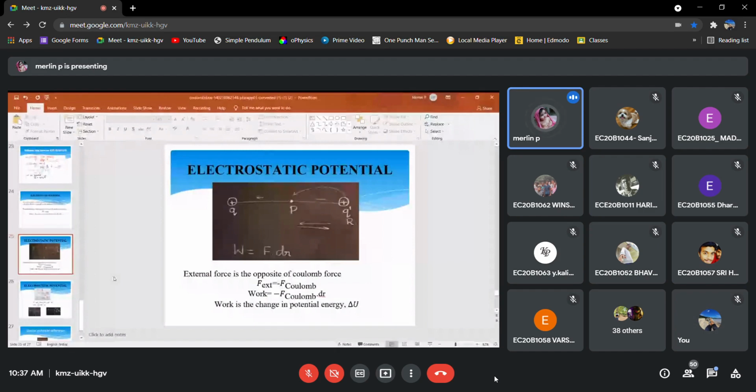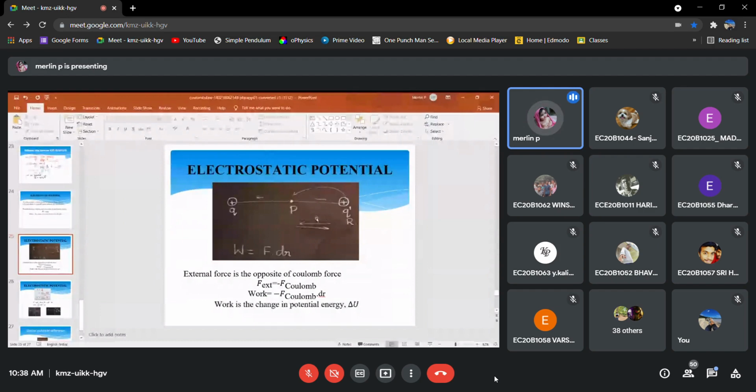Okay, consider positive charges placed at a distance of r apart. So automatically the positive charges will repel each other. If there is a positive and a negative, they will attract. That is the force of interaction between the charges.